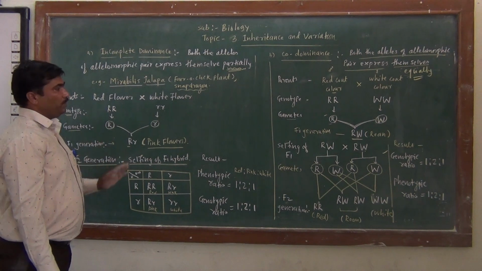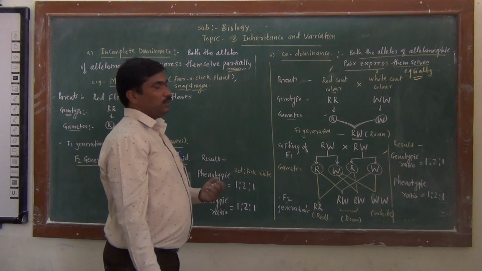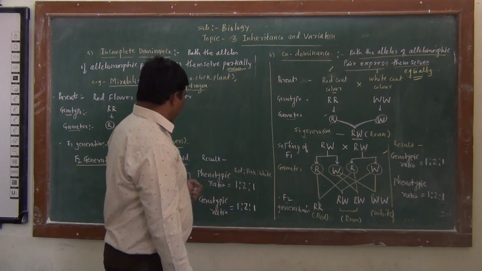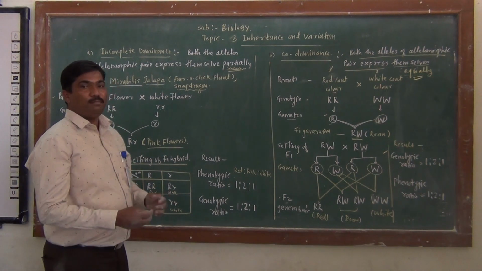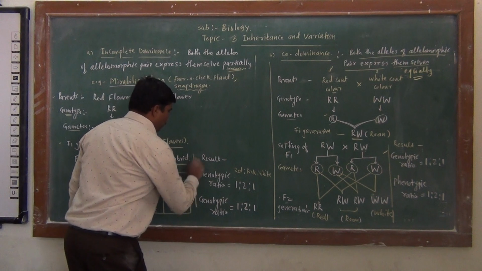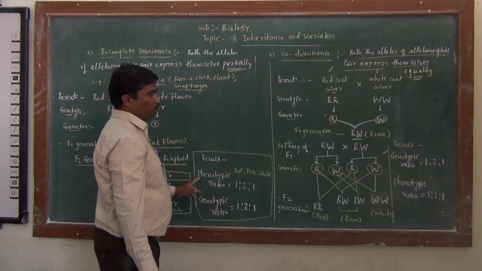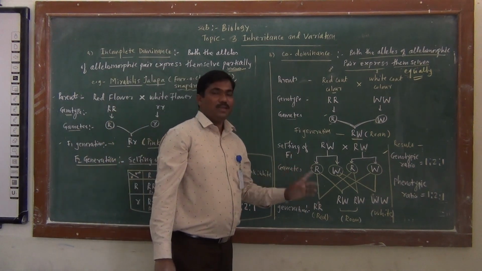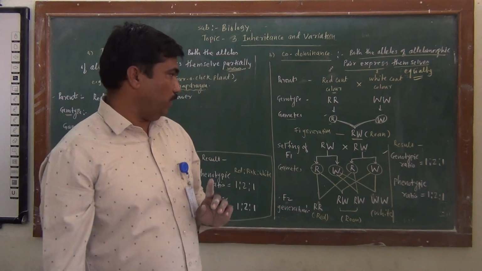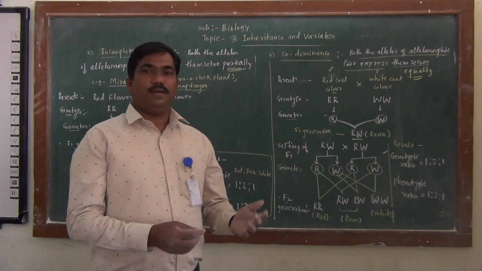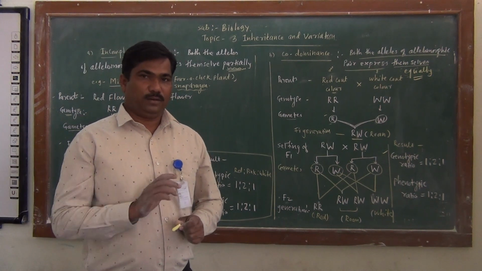Therefore we get a different phenotypic expression in the F1 generation. The common thing in codominance and incomplete dominance is that the ratios of both crosses are similar, genotypic and also phenotypic: 1:2:1.